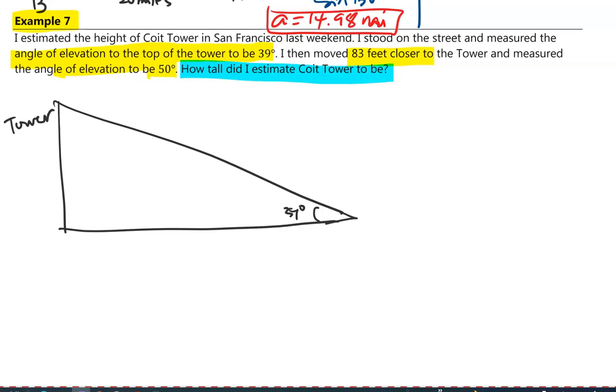I then moved 83 feet closer to the tower. So let's see, from here to here, 83 feet closer to the tower, and measured the angle of elevation to be 50 degrees.